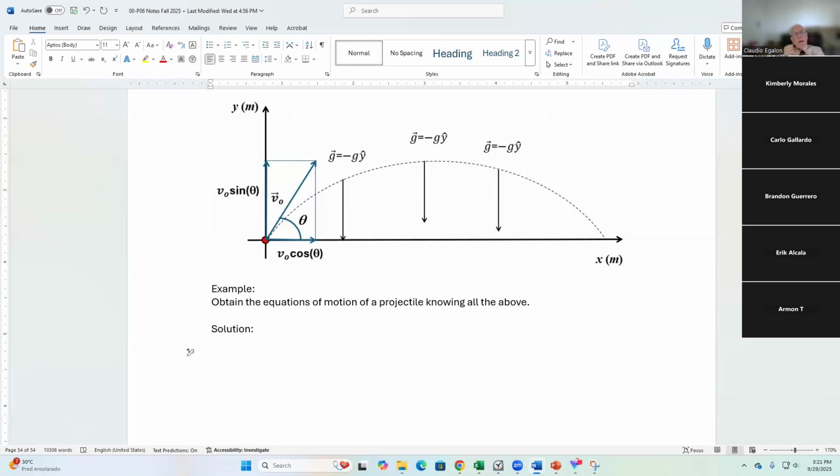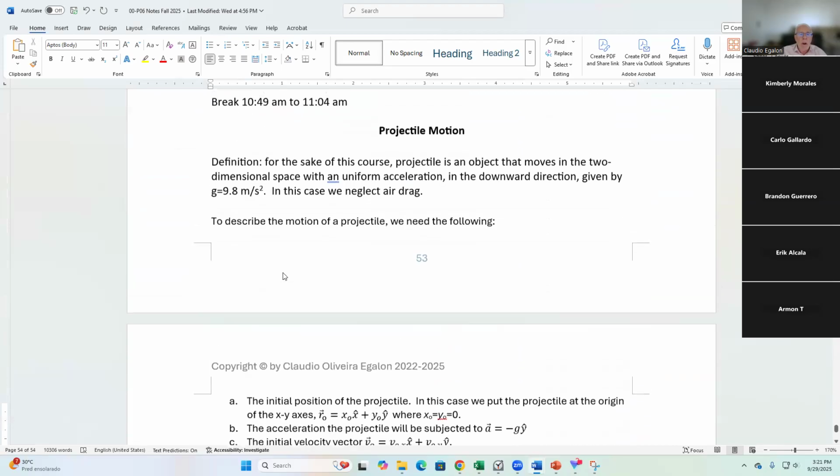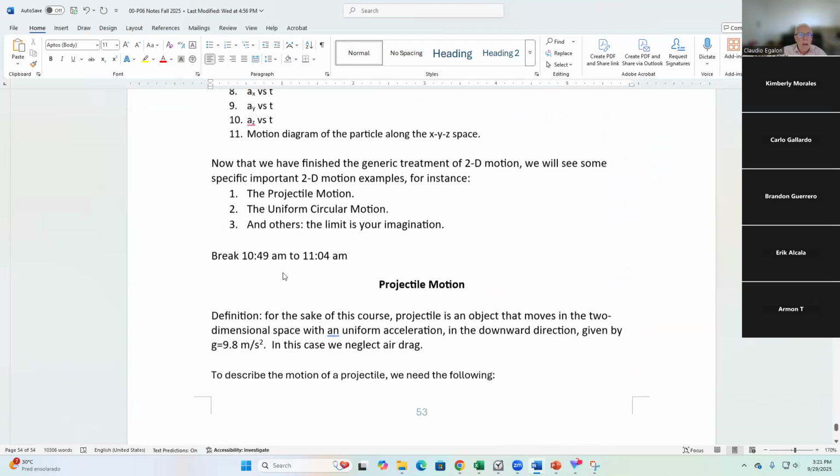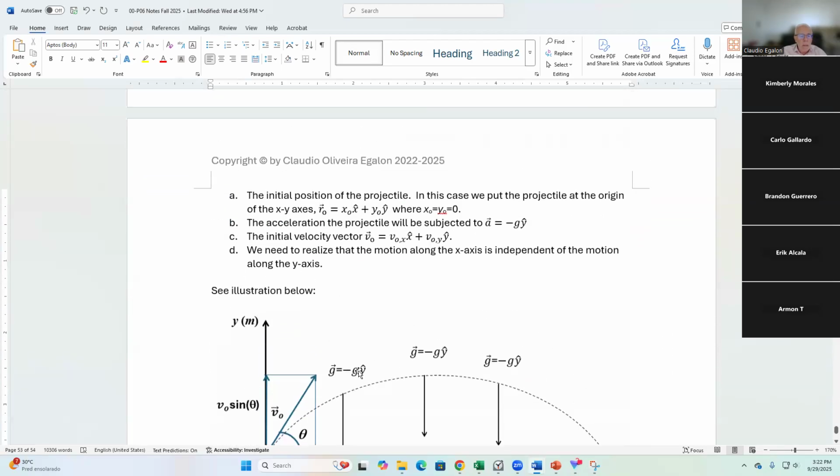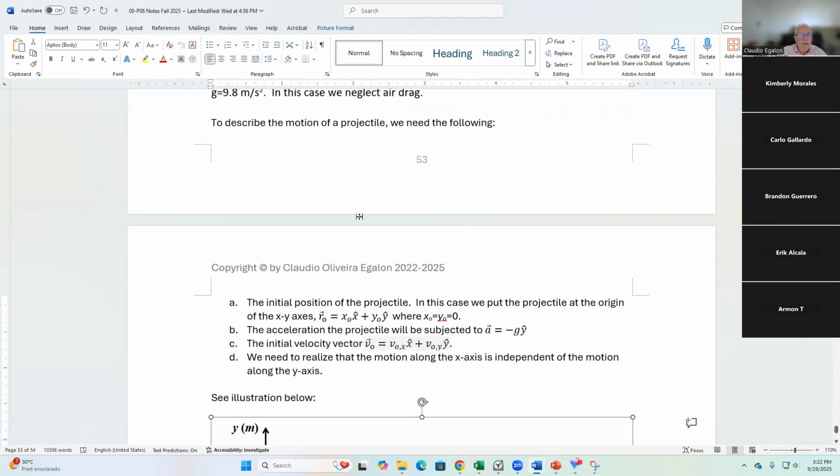Equations of motion are the equations that involve the acceleration, the velocity, and the position, right? In this case, you are going to have 6 equations of motion because you're going to have 2 components for each of these equations. Okay, and I'm gonna write down, here you go.